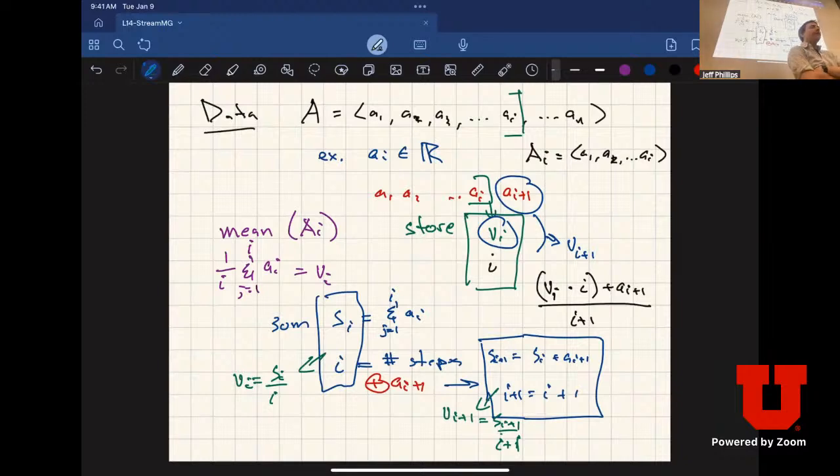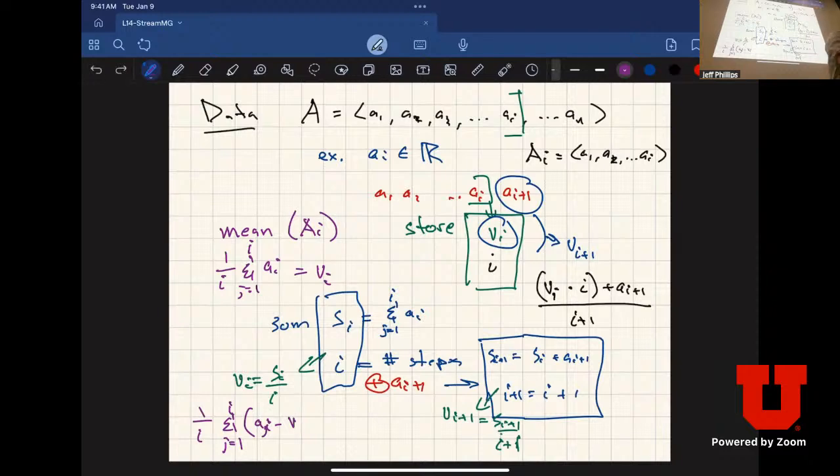Okay, what if I wanted to store the sample variance? What if I wanted to store 1 over I, sum from j equals 1 to I, times A_j minus V_i, which is the mean, right?